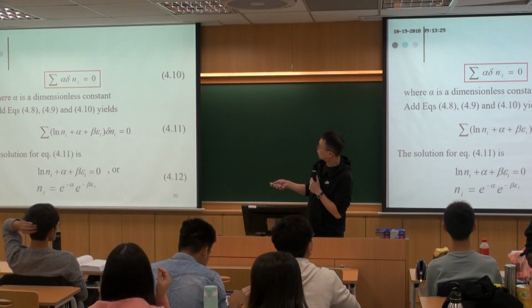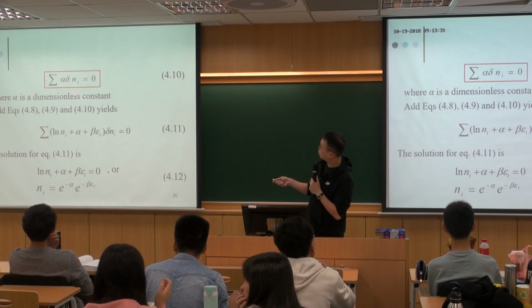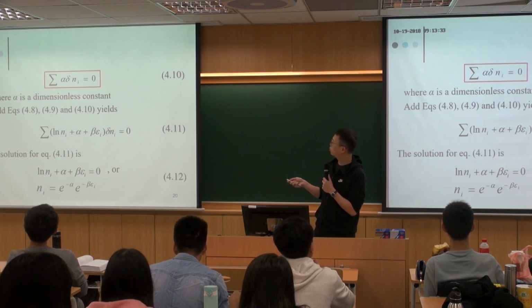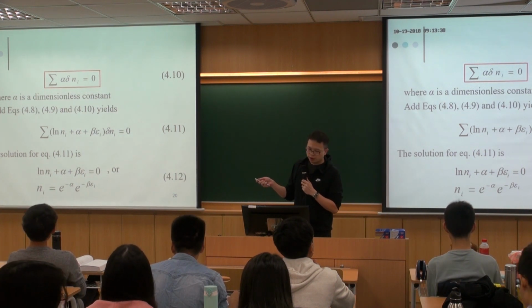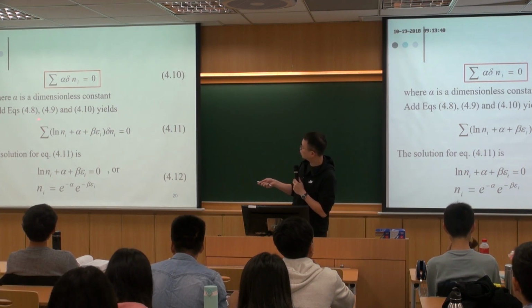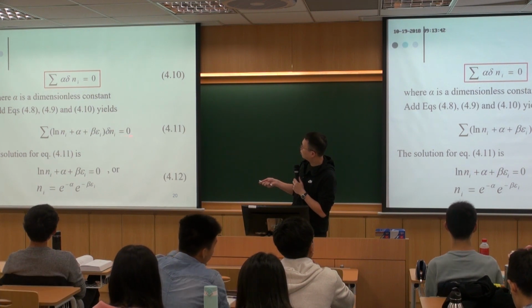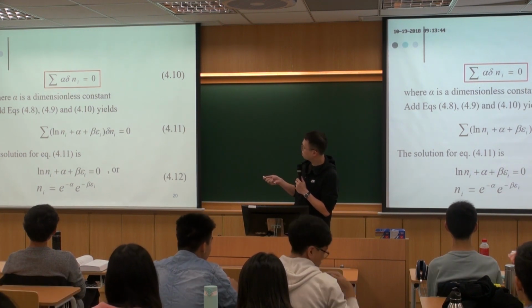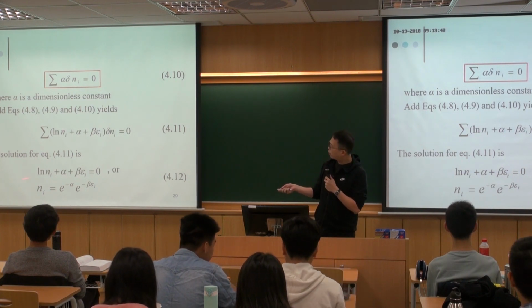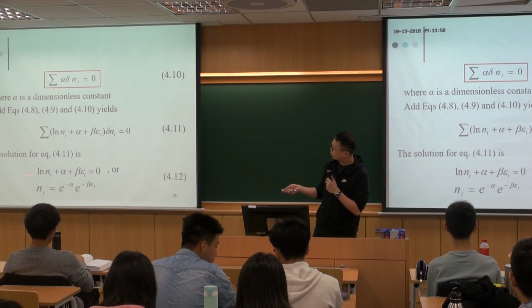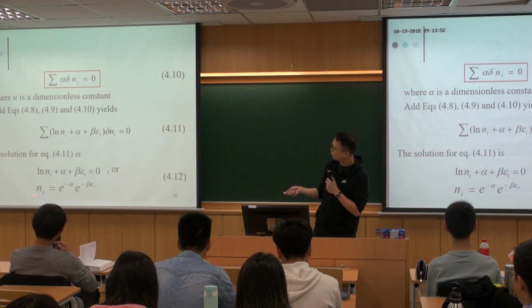So basically, alpha is a dimensionless constant because we know that number is also dimensionless. If you add these three together, the sum has to be 0.